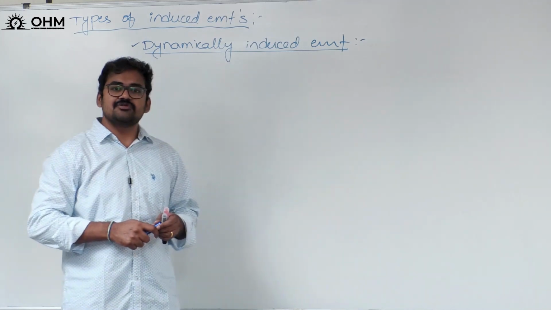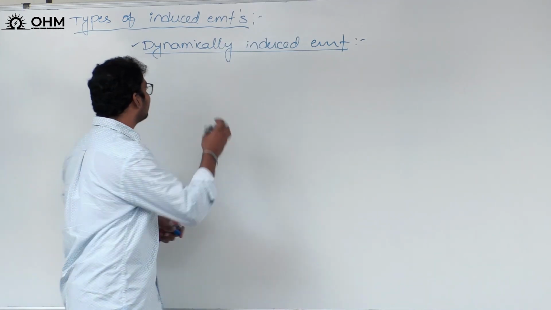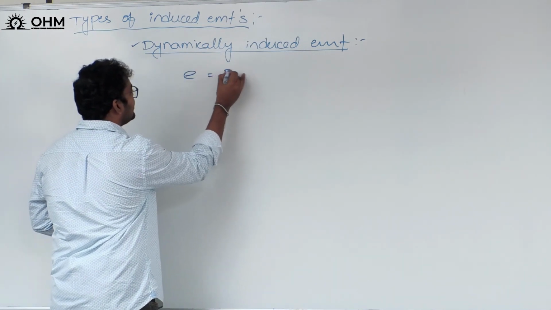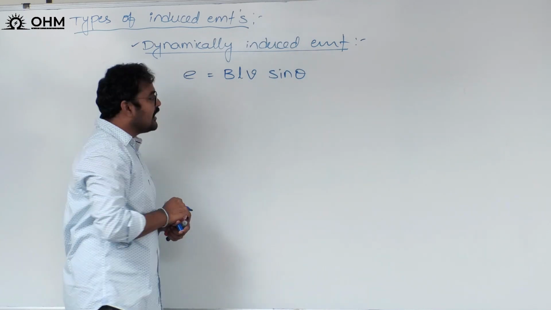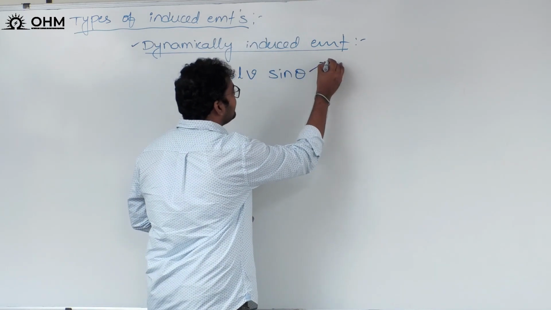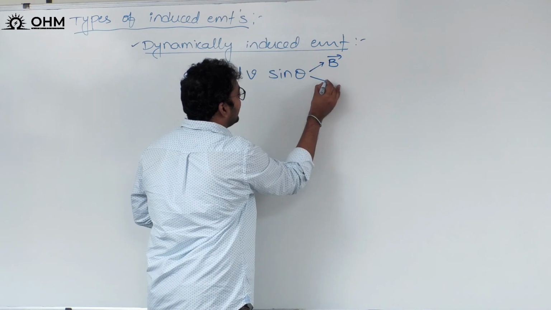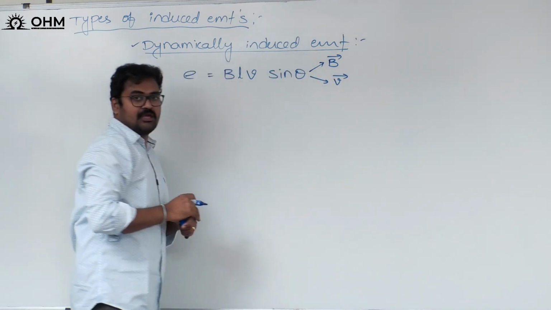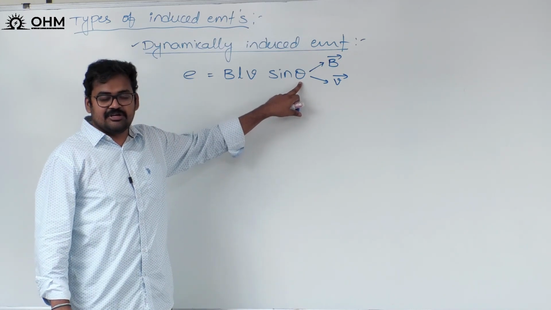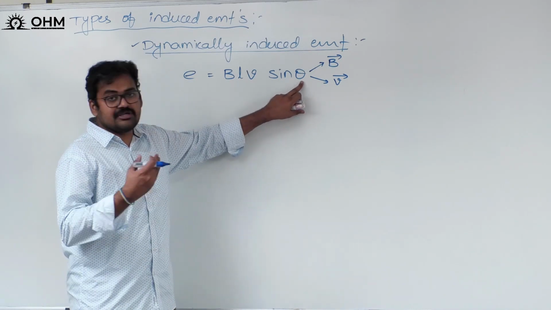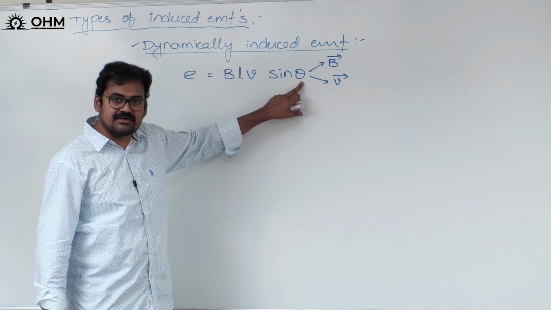And what is the magnitude of that induced EMF? The magnitude of this dynamically induced EMF is BLV sin theta, where theta is the angle between the magnetic field and the conductor movement. If this angle is equal to 90 degrees, maximum EMF will be induced. If that angle is equal to 0 degrees or 180 degrees, there won't be any EMF.